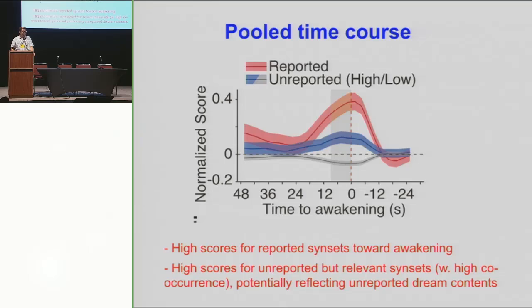And this is the pooled time course. For the reported object category, the score goes high towards the time of awakening, and even after that it's still high, but this can be explained by hemodynamic delay, I think. And we can also find high scores for unreported object categories if they are related to the reported category.